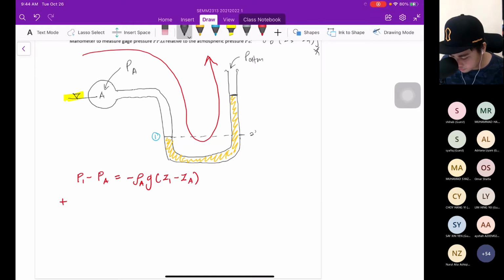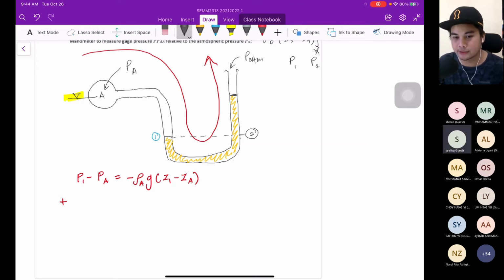Let's say this is point 2. What do you think of pressure 1 and pressure 2? Is it the same or different? It is the same because we have the same depth, the same level. So now let's jump from 1 to 2, and 2 goes to 3.